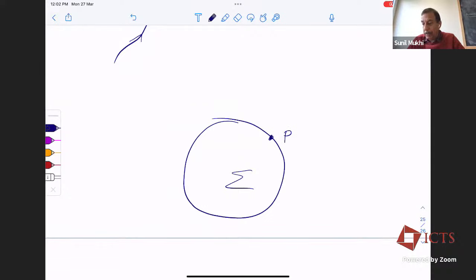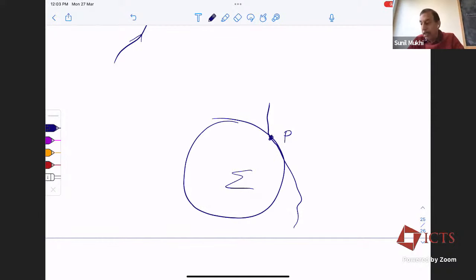This is a spatial disk in space, at t equals constant, and imagine this as a 3D drawing. Now my curve comes like this and fails to intersect sigma because it comes from below the plane of this drawing to above the plane of the drawing. It goes through P, but P by hypothesis is not in sigma but in the closure of sigma. So this curve doesn't intersect sigma when it passes through P.